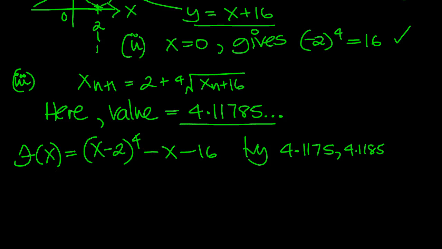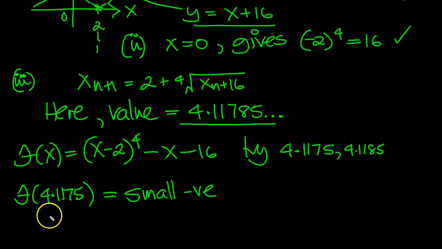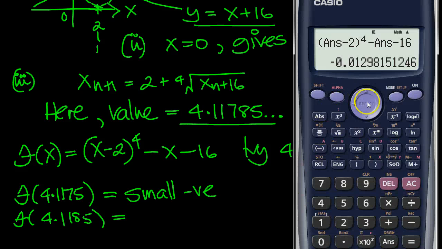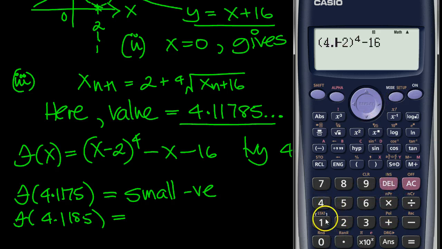So f(4.1175) is a small negative. And now f(4.1185), and we should hopefully get a small positive. We'll have to put that in manually: 4.1185 to the power 4, minus 16, minus x.